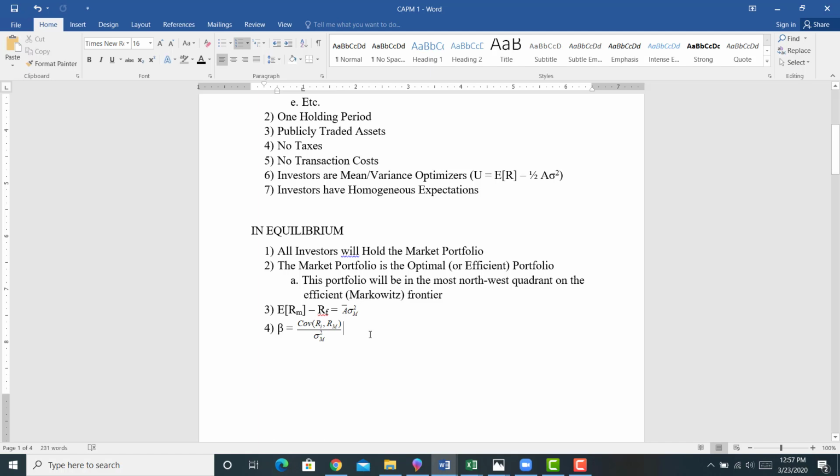And last but not least, and perhaps the reason why Bill Sharpe, who wrote down the CAPM, won the Nobel Prize, is that the measure of systematic risk is equal to the ratio of the covariance of the returns for the particular asset in question and the returns on the market, relative to the variance of the returns on the market.